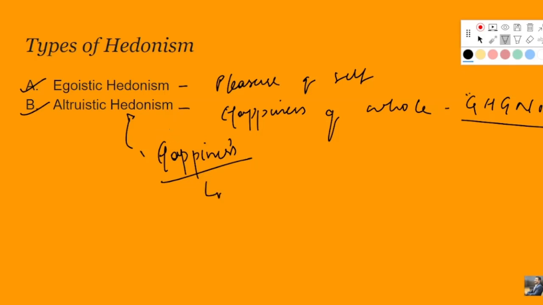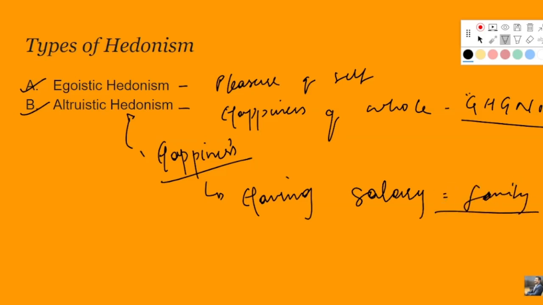What can be an example of egoistic hedonism? Let's say having a basic salary to fulfill the needs of our family, right? This is very genuine and very much ethical as well. There is nothing wrong in this. We need certain basic financial stability, a salary, to support our family and ourselves in time of crisis.